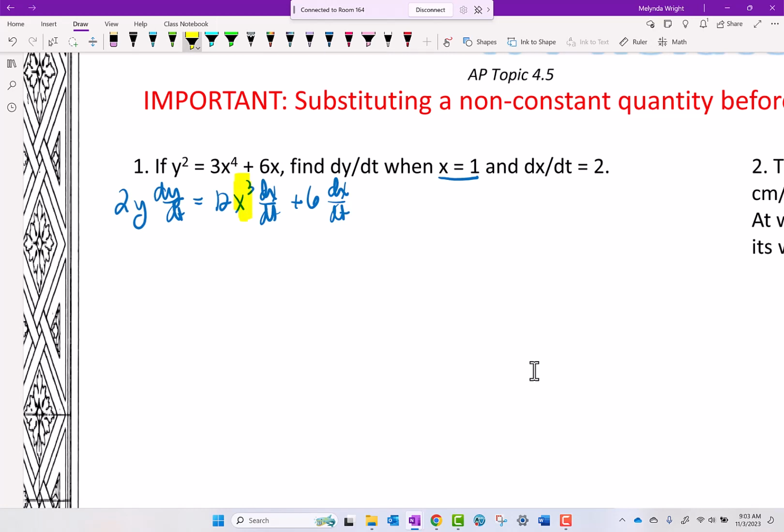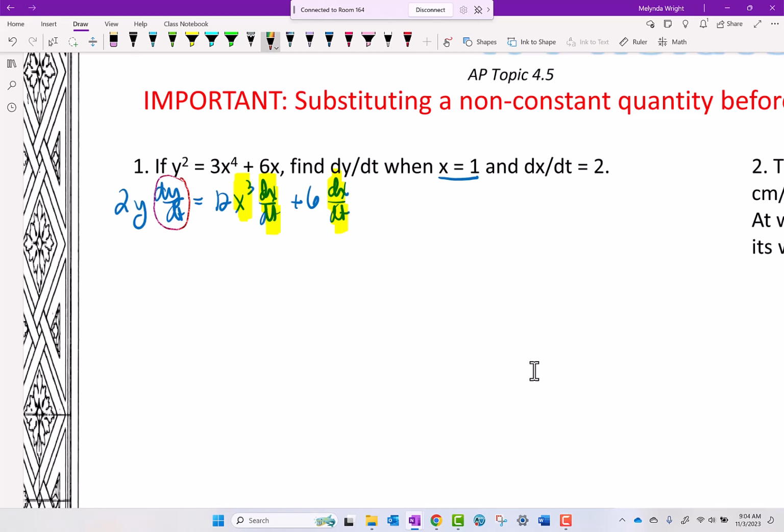I know what dx/dt is. What I'm looking for is dy/dt, that's the one I want to find. And I don't have y. That's the number I need to go out and look for.